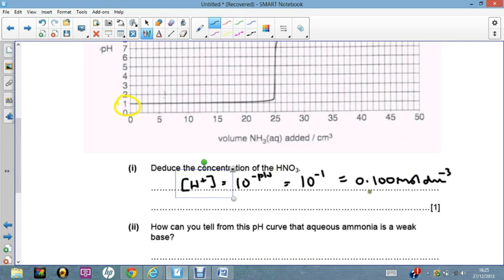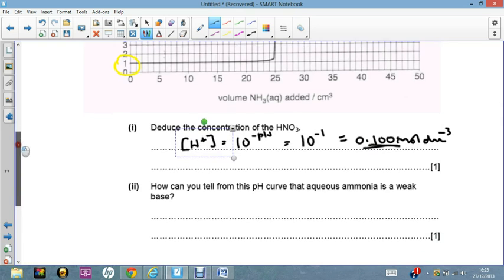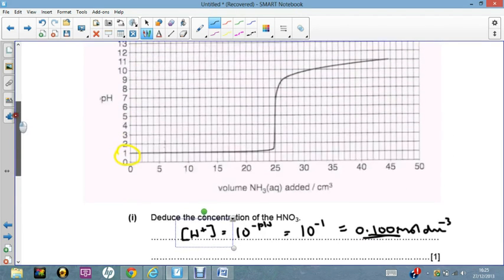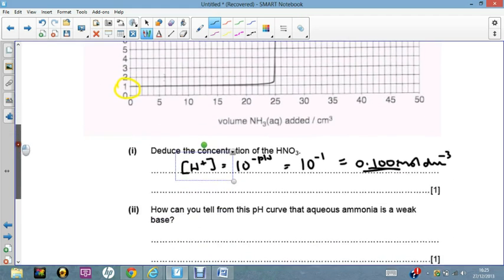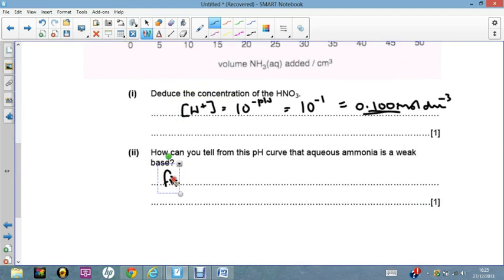So the concentration of the acid is this. How can we tell from the pH curve that ammonia is a weak base? You need to look up here. This finishes at about pH 11. That's all we need to say.